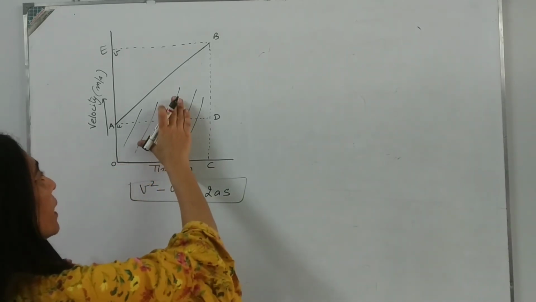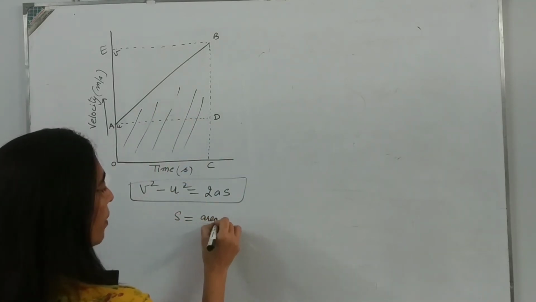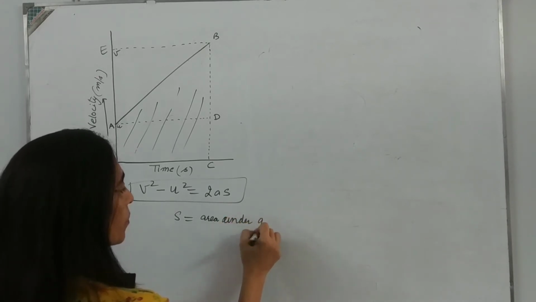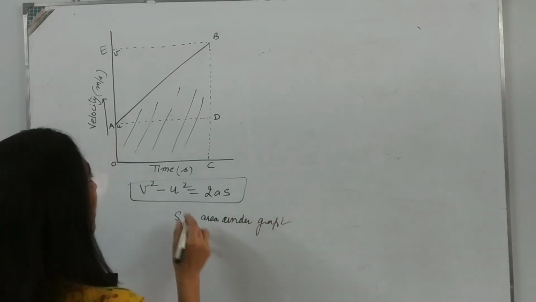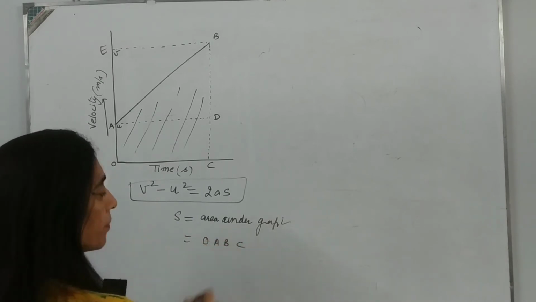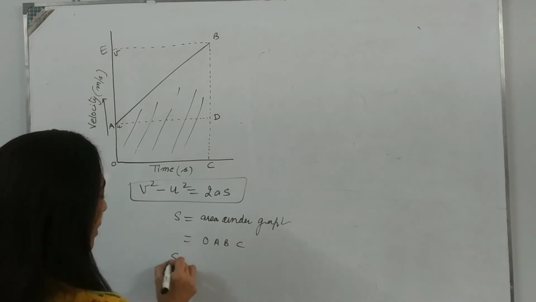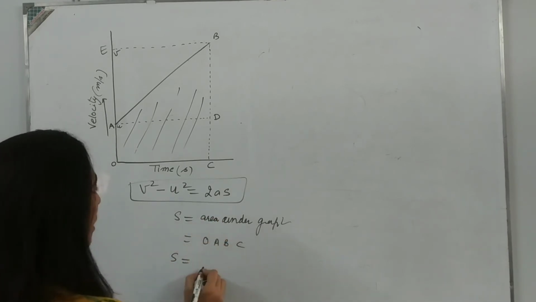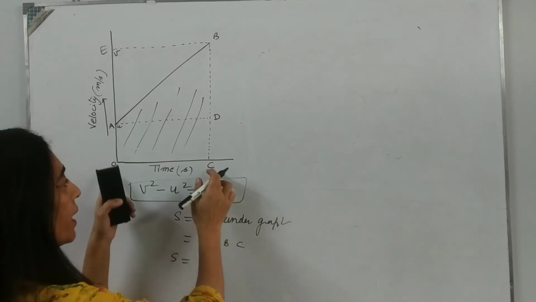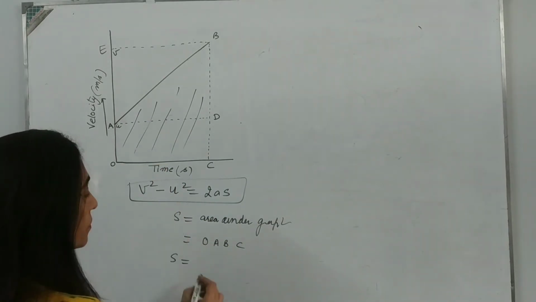Now the area under the graph gives us an idea about displacement. So this is a trapezium OABC. In this case we can write the area of the trapezium as its height into half of base 1 plus base 2.